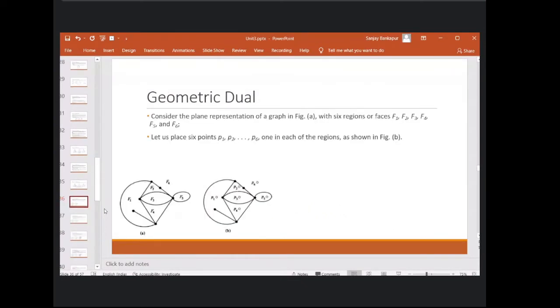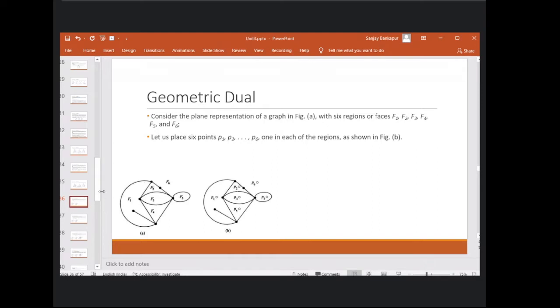Now moving to the next important concept under planar graphs. Why do I say planar graph? We'll try to understand why the geometric dual comes into the picture in planar graphs, and whether the geometric dual comes under non-planar graphs, we'll see that going forward.